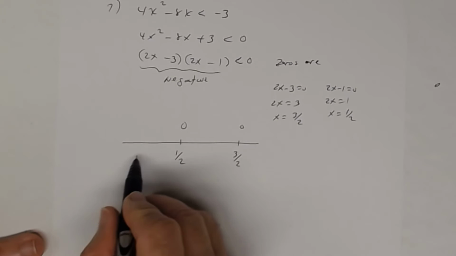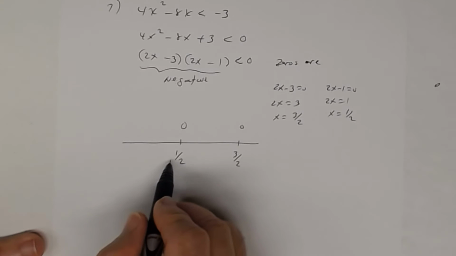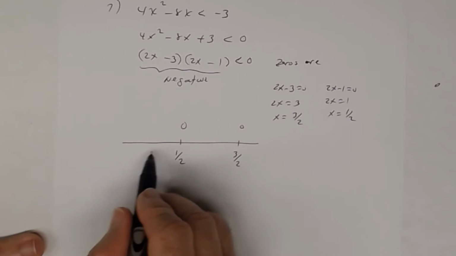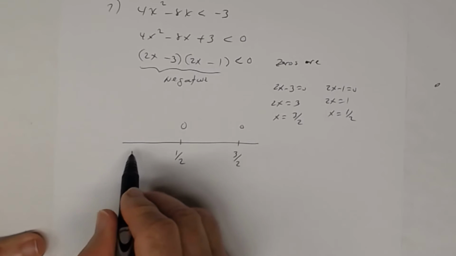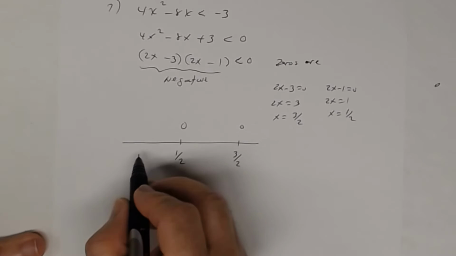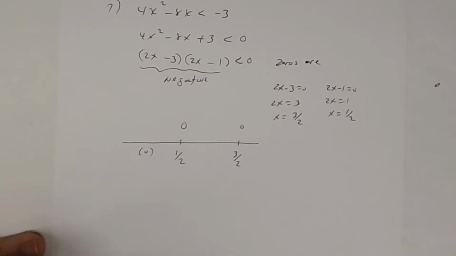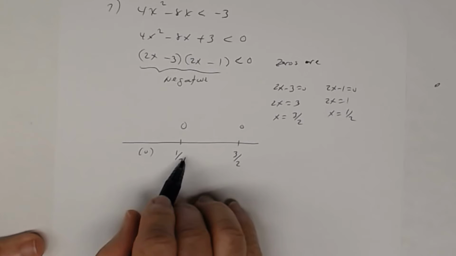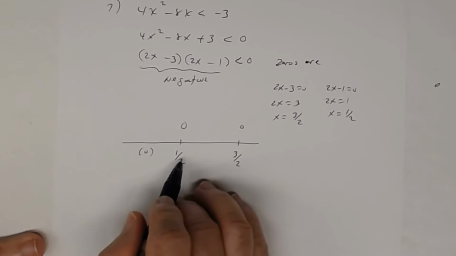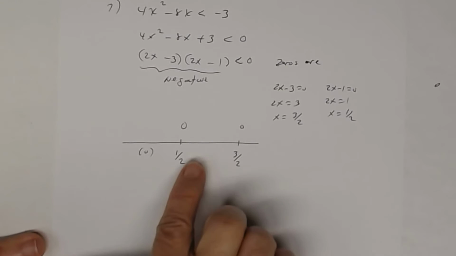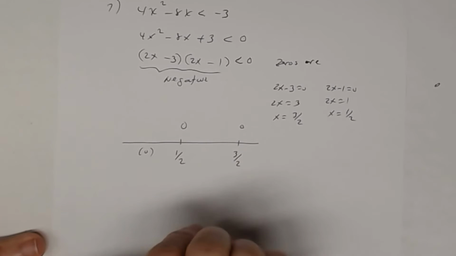Okay, let's pick a test point between negative infinity and 1 half. The easiest real number to use between negative infinity and 1 half is 0, right? Now be careful here. Always try to use an integer. Is there an integer between 1 half and 3 halves?